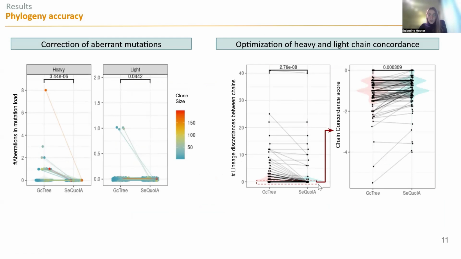And here, in this red rectangle, you see that it's on trees that correspond to birth trees that are consistent. And SeQuoIA further optimizes lineage overlap between both genes.